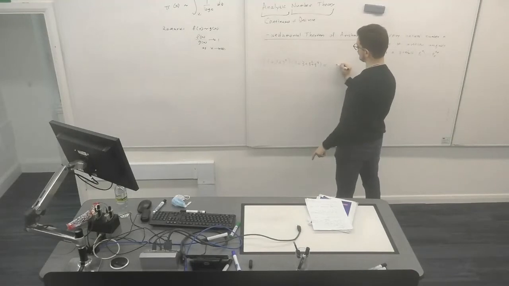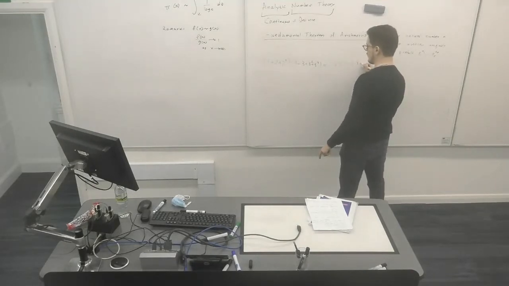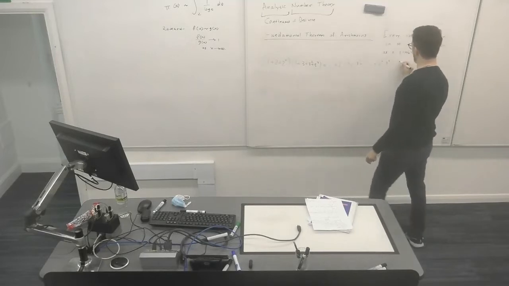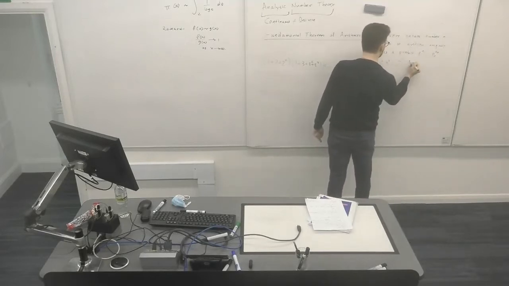So it's basically the sum of all the things of the form 2^i 3^j, where i is from 0 to 2 and j is from 0 to 3.